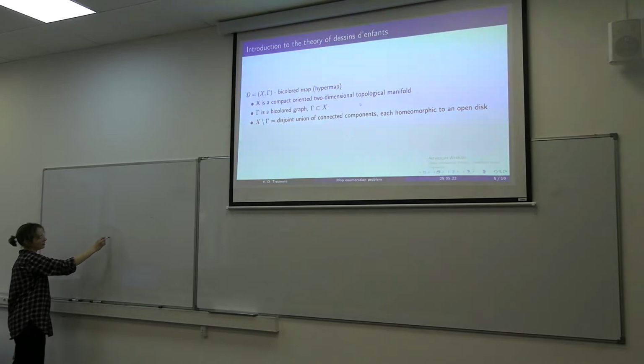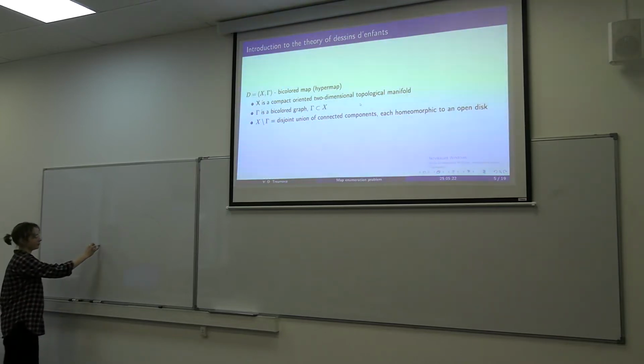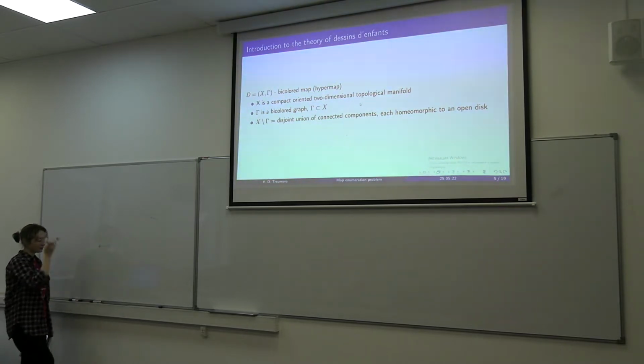And then we have a graph embedded in this surface. It is bicolored. That means that the adjacent vertices that are ends of the edge, they are of different colors.